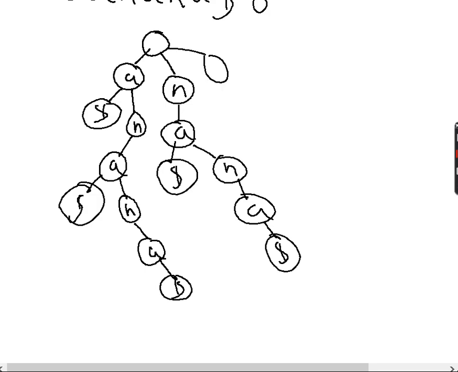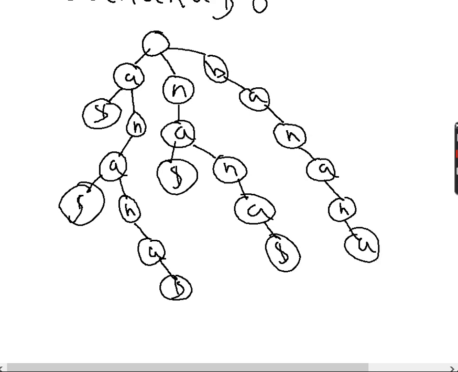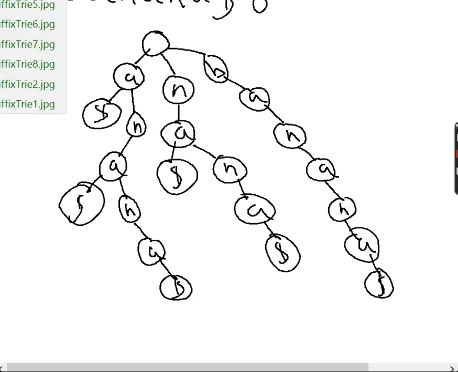So B, A, N, A, N, A, and then dollar. So that is the suffix trie. I mean, you generate all the suffixes of a text and then you build the trie out of it. Okay, so that is a suffix trie.